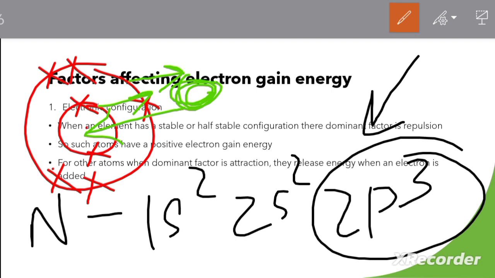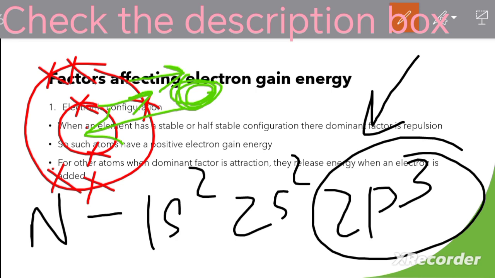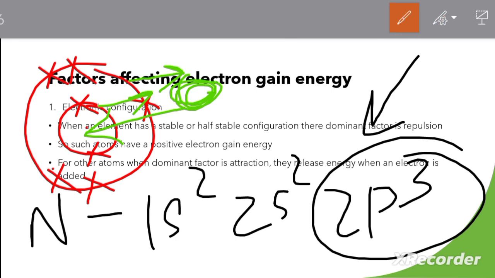So, in each situation, there are attractions as well as repulsions, right? The factor that becomes prominent decides whether energy is released or energy is taken when accepting an electron. If the repulsions are prominent, then more energy should be supplied to the element to give electrons to it.